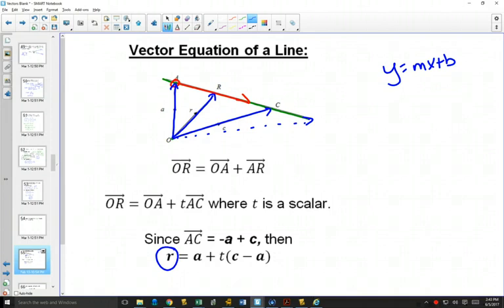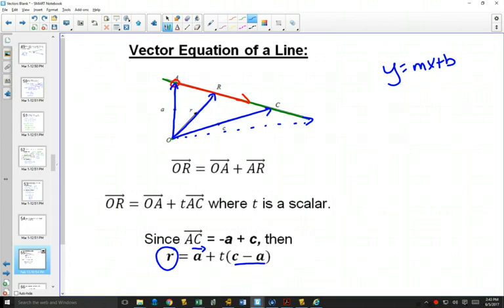You take any point that is on your line to begin with, and it doesn't matter which one, which is a nice thing about a vector equation of a line. Unlike y equals mx plus b, where b is a specific point, a vector equation of a line says take any point on that line. So if we chose vector A, that's right here, any point on your line. C minus A is your direction.